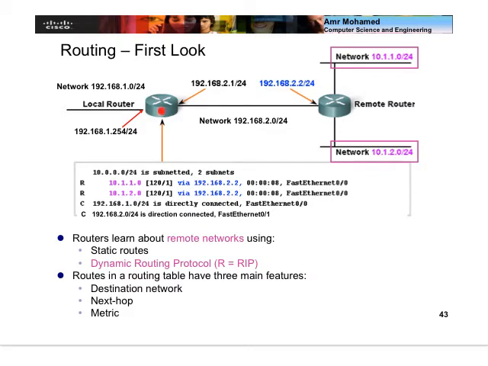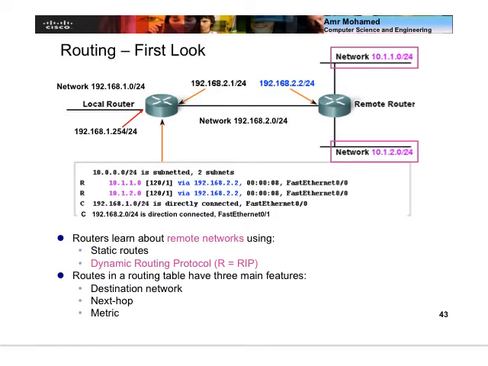This router will then process this message and learn that these remote networks can be reached through this router. So it knows that if it wants to send to these remote networks, it goes through this remote interface.